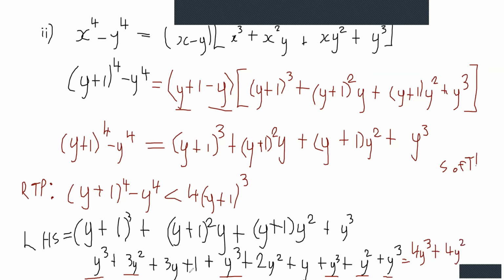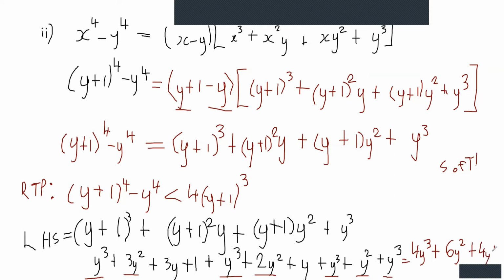And where's our y term? 3y, and y is 4y. Oh, I forgot to add the 2y squared down. Yeah, so that would make it 6y squared. Then the 3y and the y is 4y. So we get plus 4y plus 1.